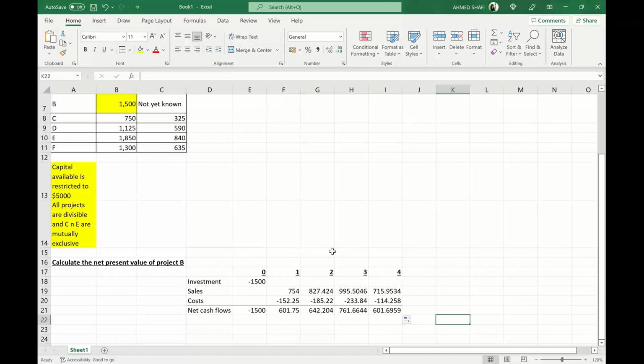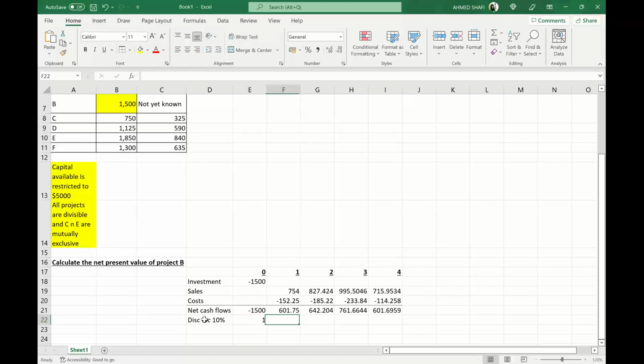Once you get the net cash flows, you multiply these net cash flows by the discount factor. Pay attention, since you have applied inflation in revenue and costs, now if inflation is applied, the rule states you have to use a nominal cost of capital. So nominal cost of capital is 10%. So from the table provided in the exam, we will use the discount factor 10%.